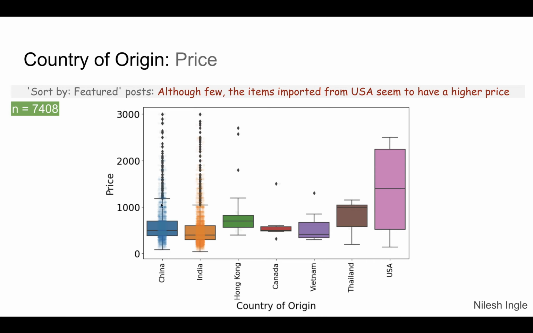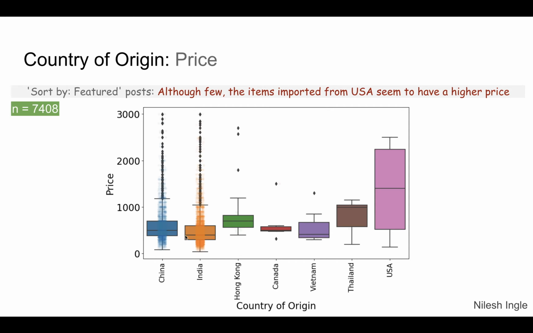And we can see the spread of the data, so spread of the price, and it ranges all the way up to 3000 per toy, but a vast majority seems to be somewhere within this range, under 1000 for these two countries, India and China.